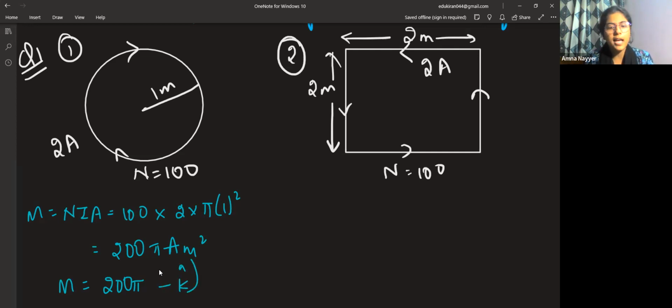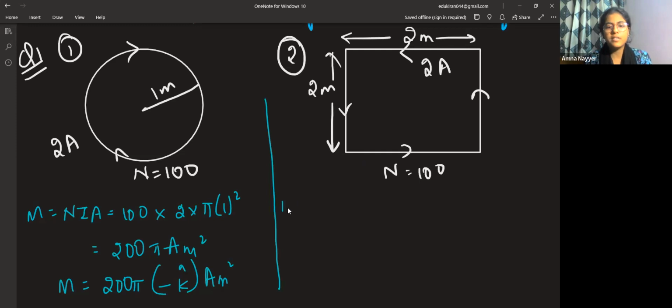So minus k cap, ampere meter square, because current into area. The actual formula is current into area only, no? Number of turns is just multiplied for the number of turns that are being added, right? For one single turn, the actual formula is current into area. That's why we are writing it as IA.